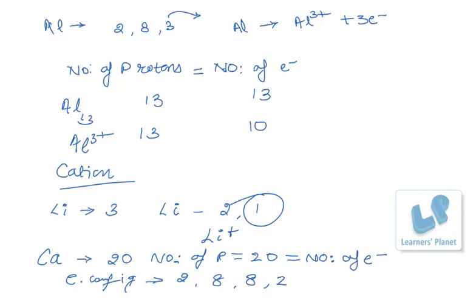Now here a question will arise in your mind. See, calcium's configuration is 2, 8, 8 and 2. That is K, L, M and N shells. Now what we discussed according to the Bohr-Bury scheme was that every shell or energy level should have 2n² electrons.